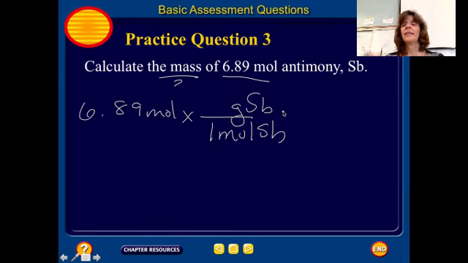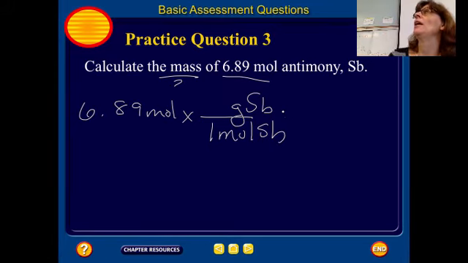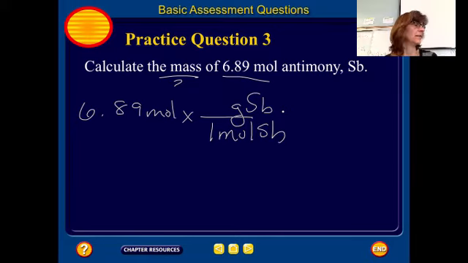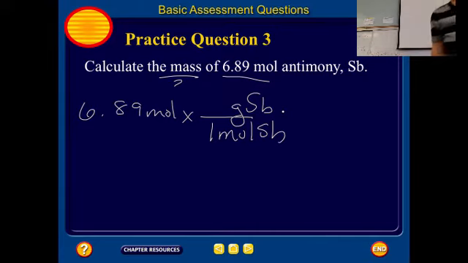I need my glasses to look on the periodic table, and I see that antimony is 121.7 grams. I think I've got that right.